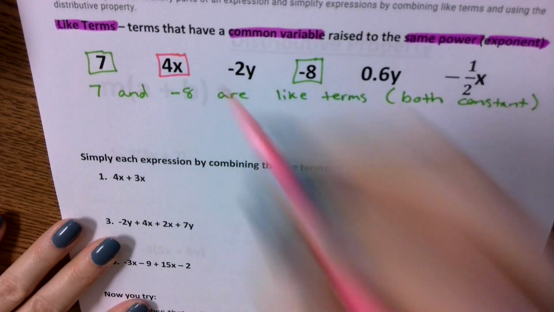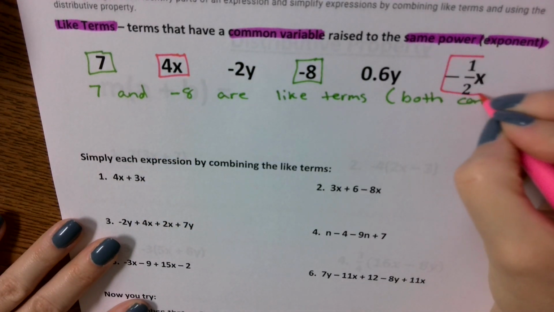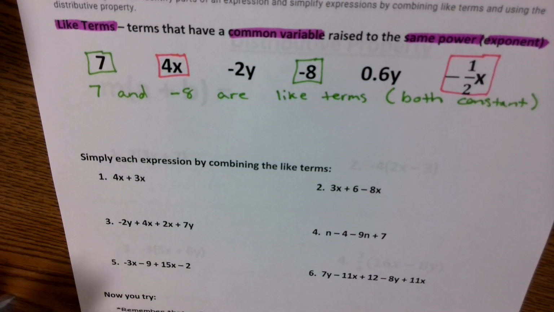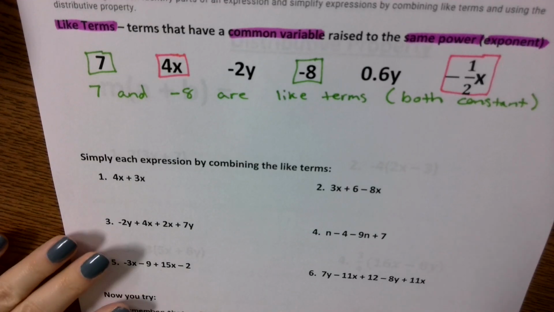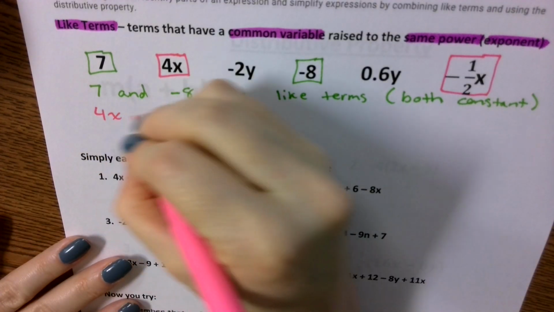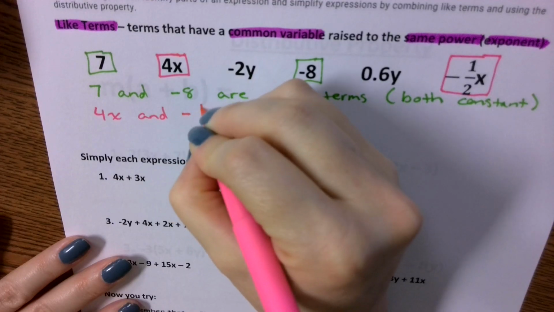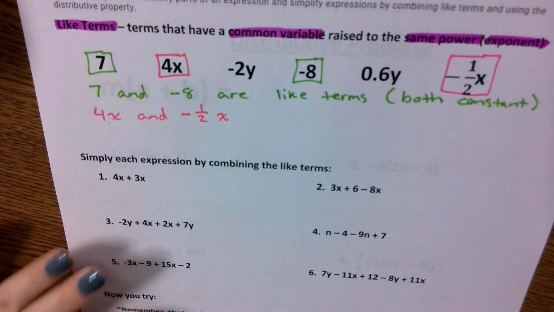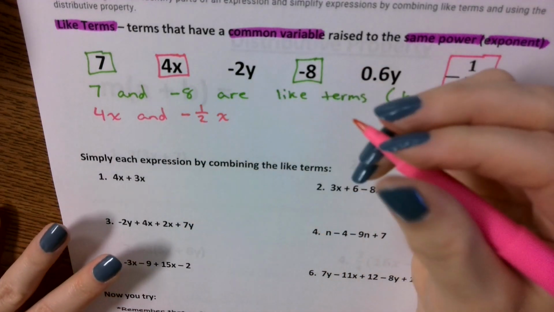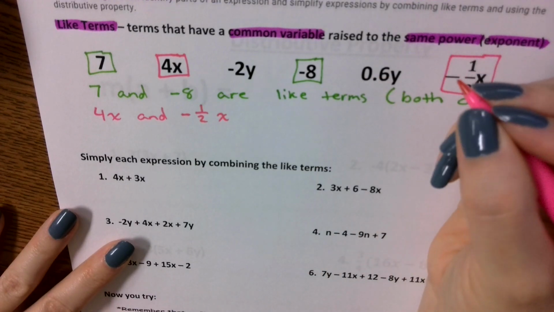Then we've got 4x and negative half x. Those are like terms because they both have the variable x. It does not matter that one of them is a fraction and one is a whole number, or that one's positive and one's negative.